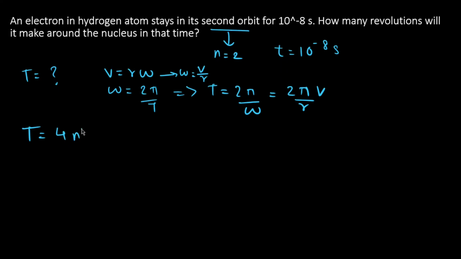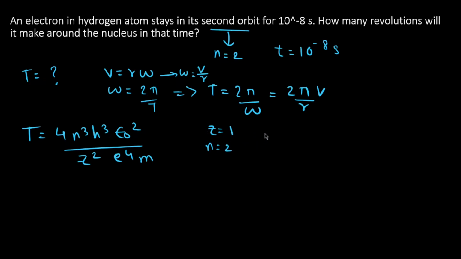4 n cube h cube epsilon naught square upon z square e raised to 4 m. For hydrogen atom, z equals 1, and we are talking about the second orbit, so n equals 2.